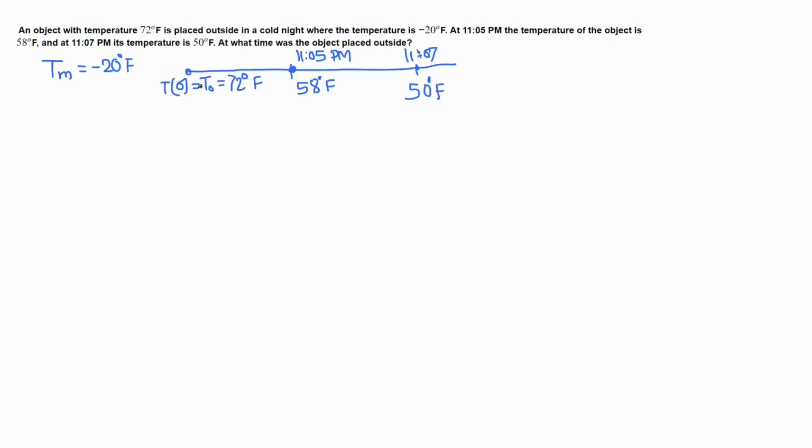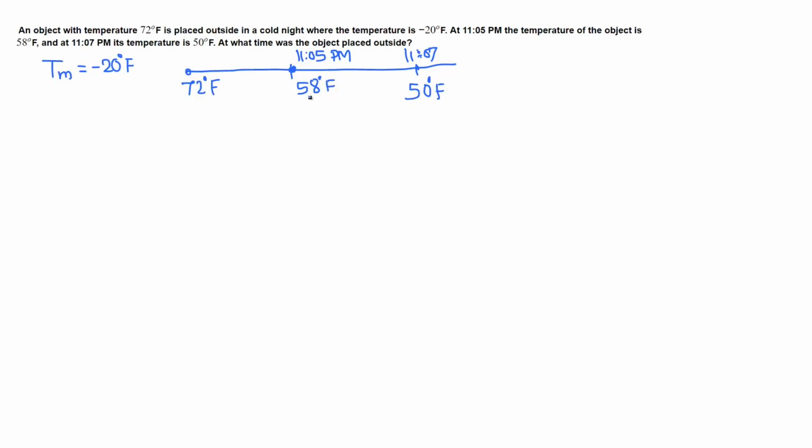So we need to find this. This might not be the initial. We can say this is T0, but since we know this temperature, I want to make this the initial temperature, and finding the other temperature would be going backward, negative time, but we can adjust that. Initially the temperature was 72. Since I know the temperatures 58 and 50 degrees, and it's happening in 2 minutes, 11:05 to 11:07, I can find the rate at which the temperature of the object is decreasing.